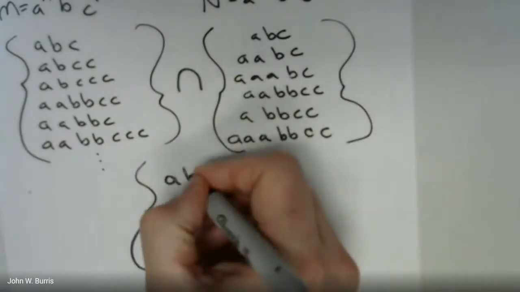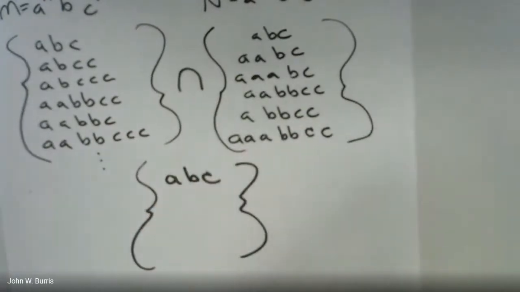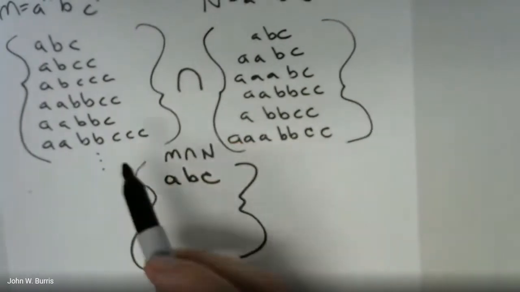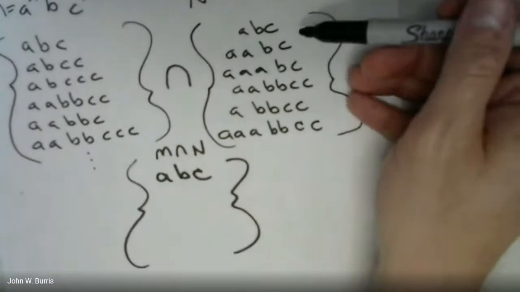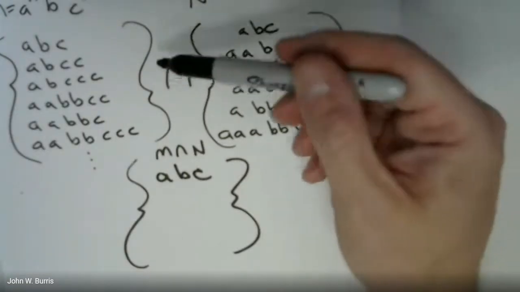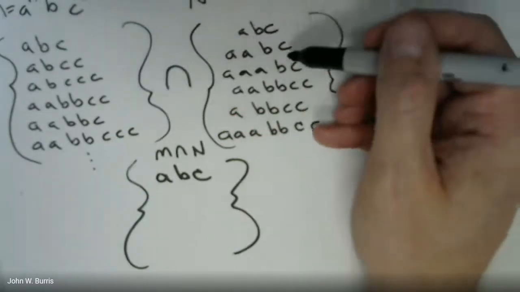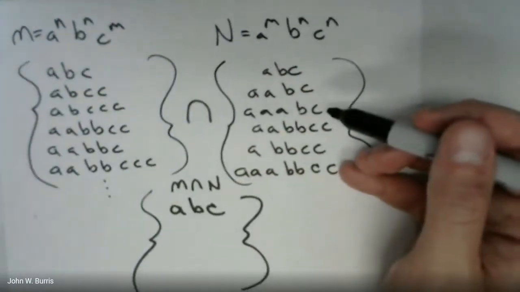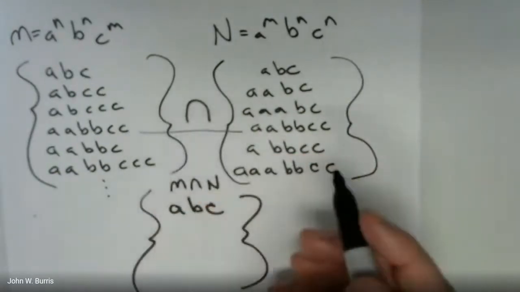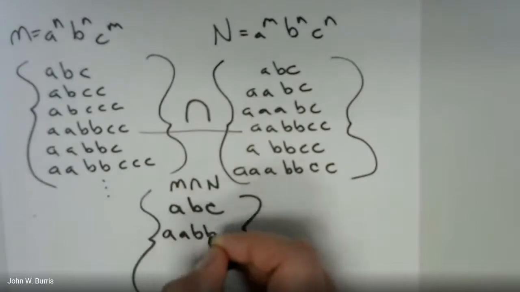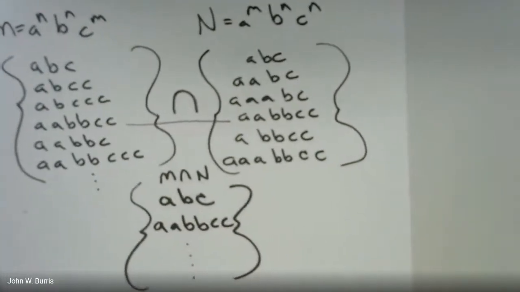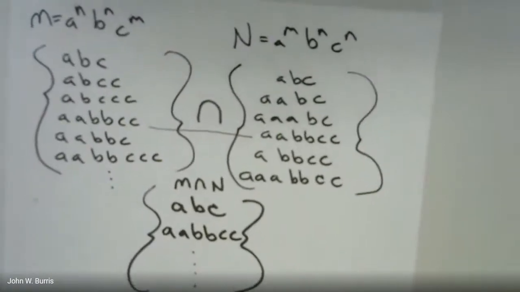So ABC is a member of M intersect N. ABCC is not a part of N. ABC is not a part of M, even though it's a part of N. The next string that I see that is in both places is right here, AABBCC. And I'm going to go ahead and put some dots. I'm going to let this sink in for just a second.